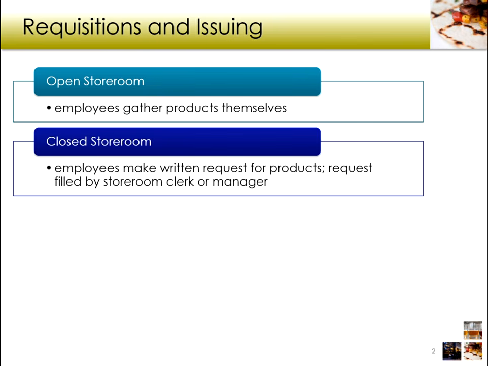Now, you may come across situations where you have both. I think I mentioned this when I was talking about the periodic and perpetual inventory systems, right? Even in the simplest of kitchens, you may have an open storeroom for 99% of all your product, but then a closed storeroom for specific items, i.e. a locked liquor cabinet that only the chef has access to, or expensive ingredients like caviar or saffron that only a manager would have access to.